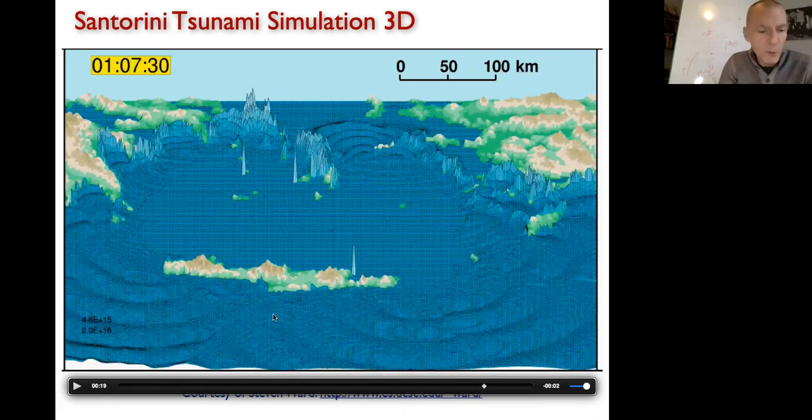So another simple message to take home: tsunami waves are gravity waves that can be generated by asteroid impacts, let's hope not, landslides, and explosions. For example, you may have volcanic explosions. One occurred on Stromboli Island here in Italy a few years ago.